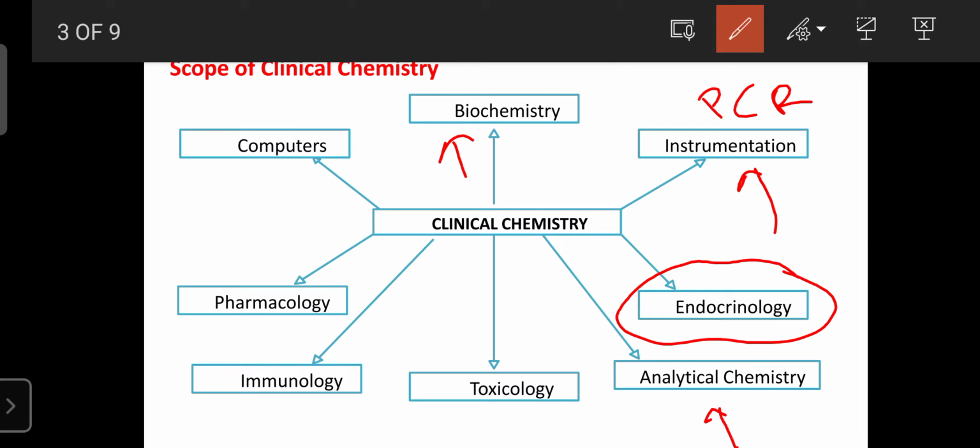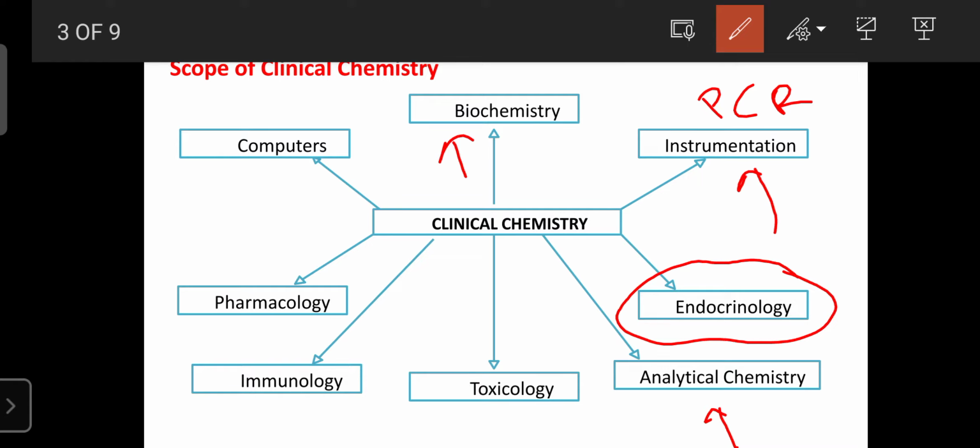Then with the help of clinical chemistry, we can develop a diagnostic test for that particular disease. For example, Pune madam developed a kit for diagnosis of COVID-19 on the basis of clinical chemistry knowledge only. That's why clinical chemistry has huge scope in analytical chemistry.